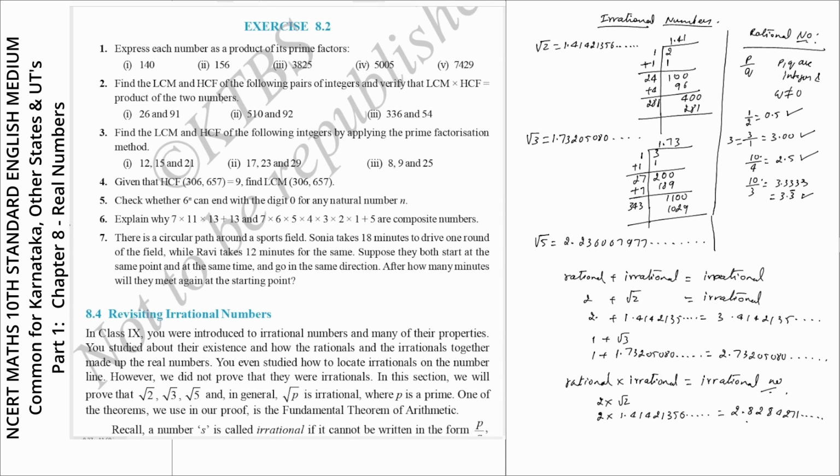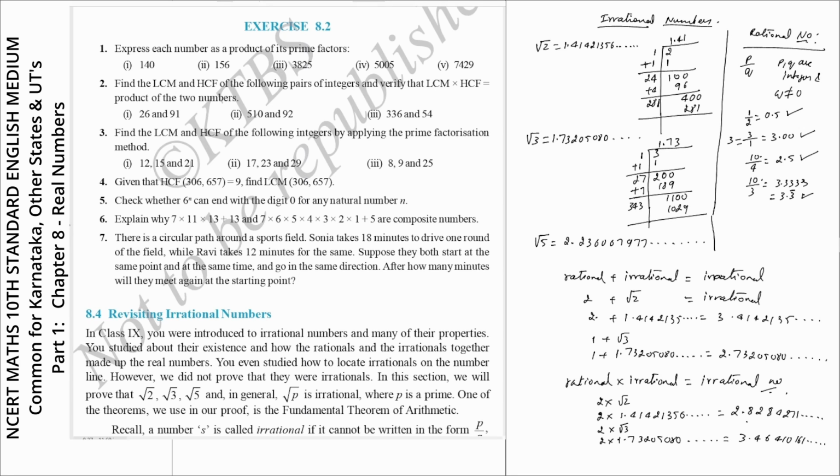Similarly, if you multiply 2 into root 3, what is root 3? Root 3 is 1.73205080. You will get 3.46410161, and it's not terminating, also it is not recurring.